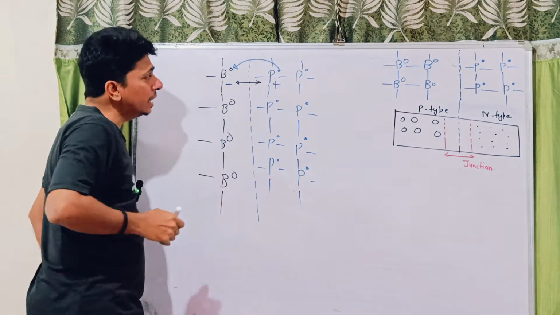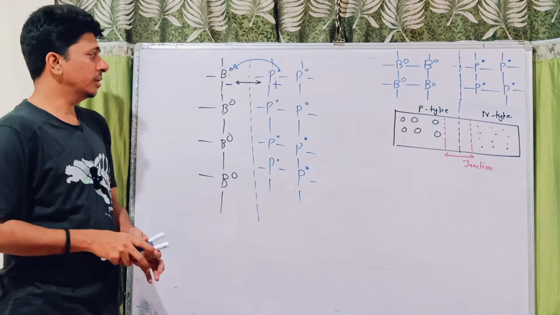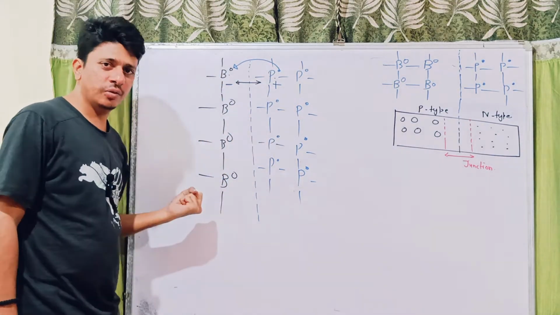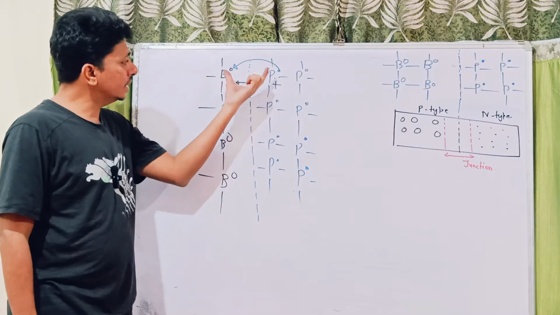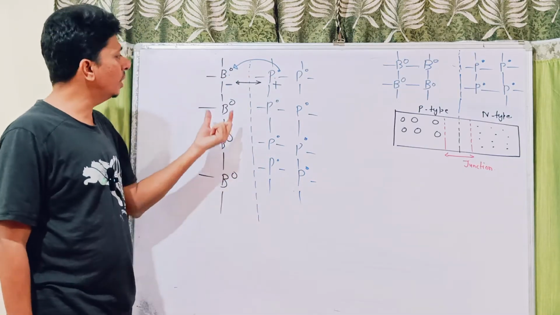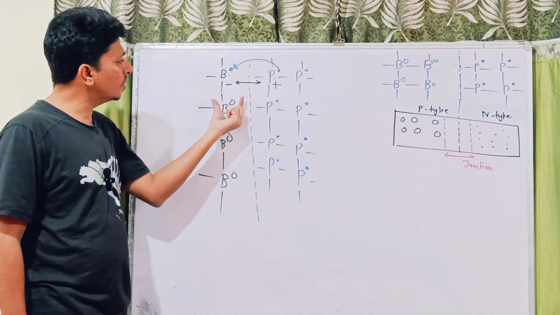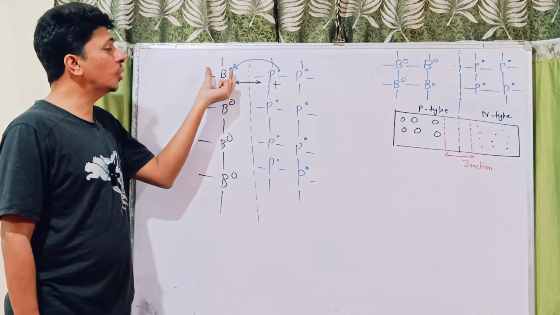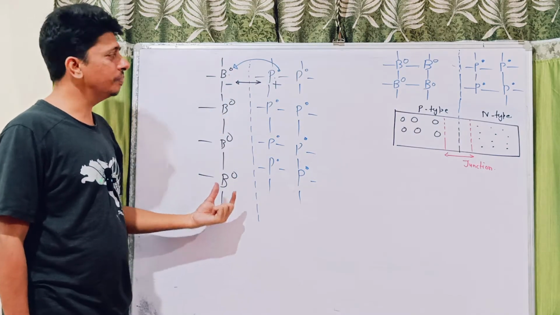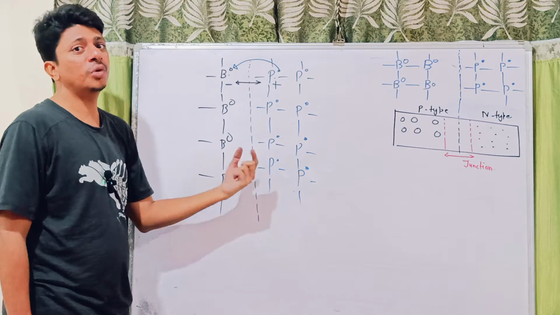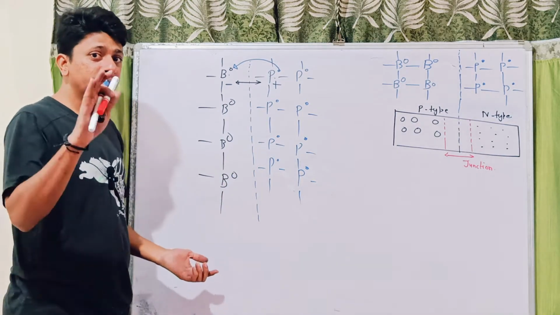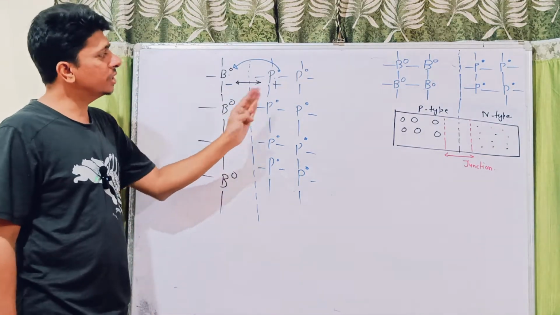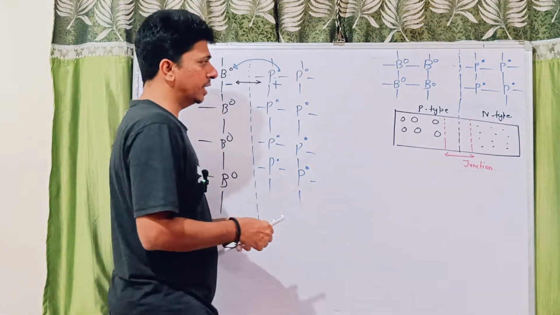So now if you look clearly at the junction, few of the boron atoms will take the extra electron from the phosphorus atom, and in this process, near the junction lots of negative ions are created. Which negative ions? Boron negative ions are created, and here lots of positive phosphorus ions are created, and this process will take place at the junction only.